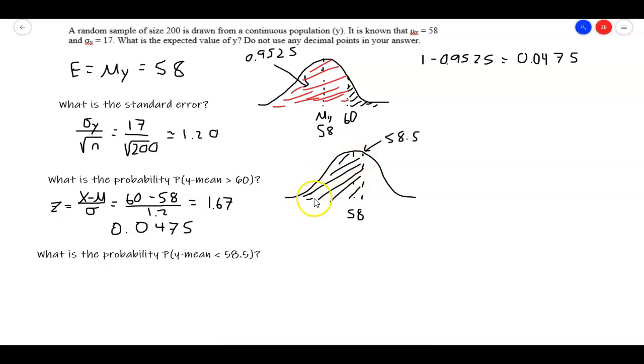Now, one thing I like to note for a lot of these problems is what approximately am I going to get? I know that if 58 is the average value, then the area under 58 is going to be 0.5 because it's exactly half of my total area of 1. So this value here is just a little bit over 58.